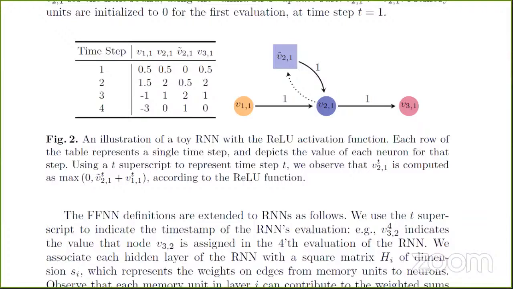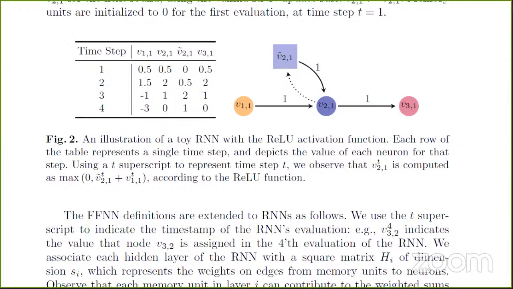As the input changes, the value at these other neurons also changes. Since the edge between 11 and 21 has the weight 1, the input gets propagated directly to 21, except that if it is negative, then ReLU has to be applied on that.